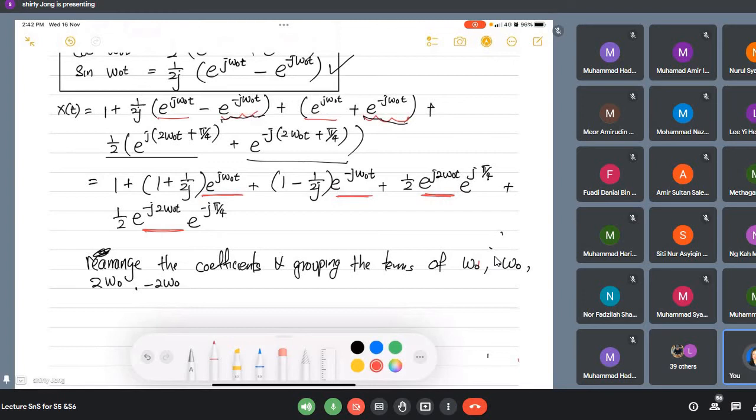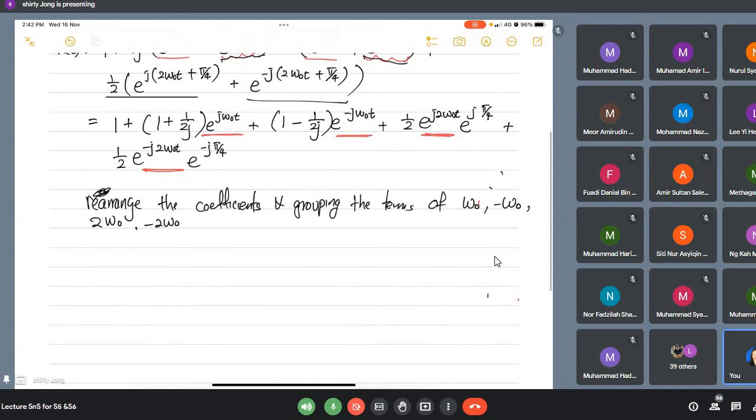So in the end, you will obtain the Fourier series coefficients. So x0, this one is nothing, x0 is referred to 1. And this is omega naught, which is referred to x1. So we have 1 plus 1 over 2j.